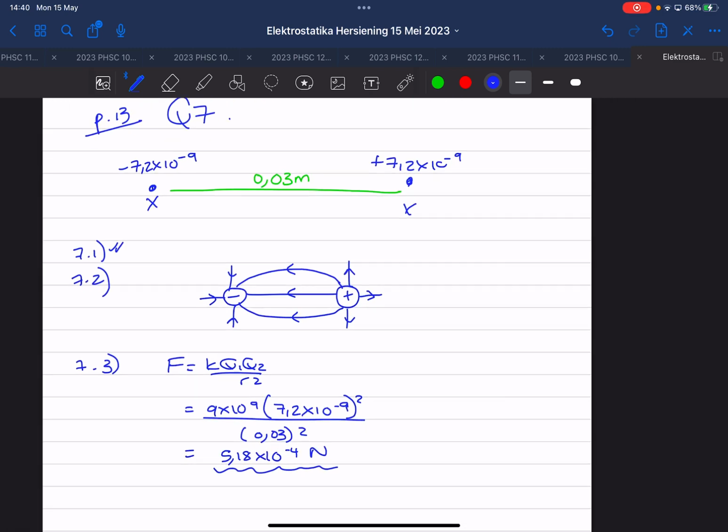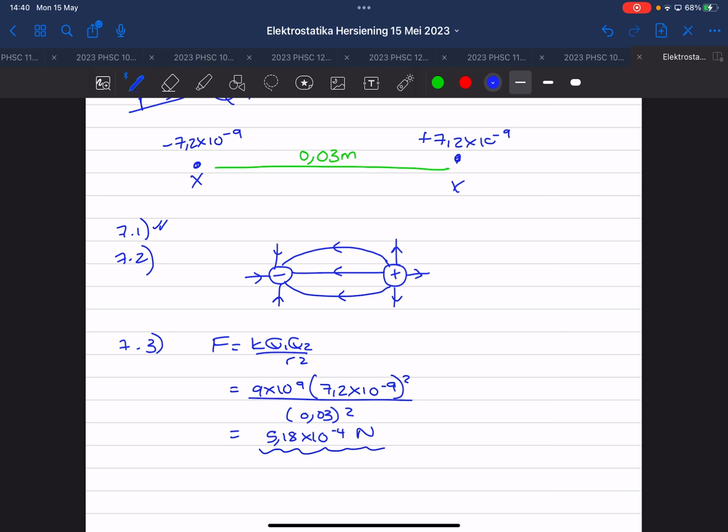Okay, nou sê hulle vir jou, jy het dieselfde ding, maar nou sit jy daar 'n Z by. You now have a Z, and that distance is 0.01 meters. And they say unknown positive charge, so it's positive.